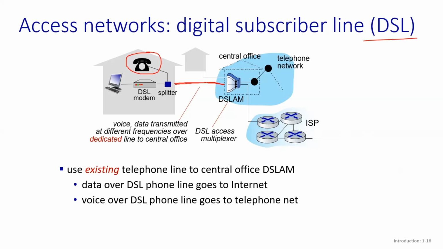The existing telephone lines are used to transfer both the data and the analog signals: data for this DSL modem and the internet, and analog signals for the landline services. So the same telephone line is used to transmit both. Here we have the DSLAM, which is present at the CO, the central office of your telephone company.